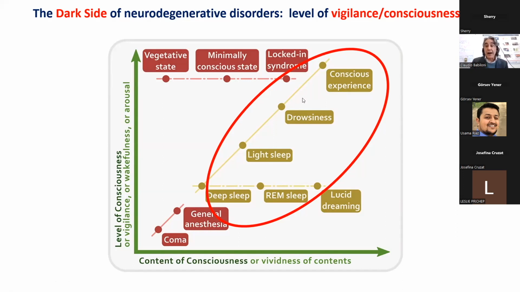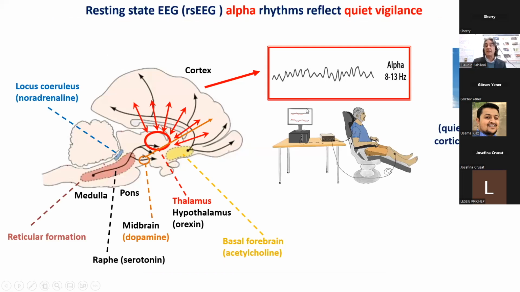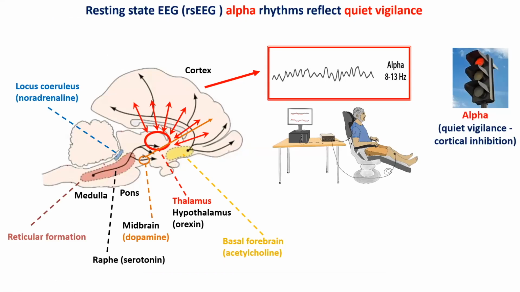In reality, you can very easily measure the abnormalities in the regulation of quiet vigilance by resting state, eyes closed and eyes open conditions.